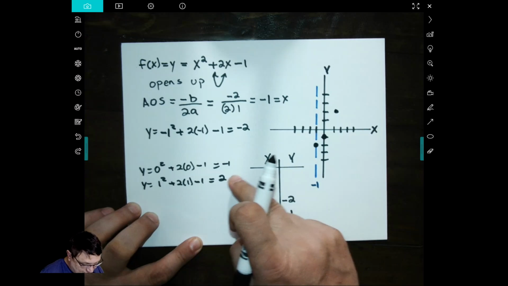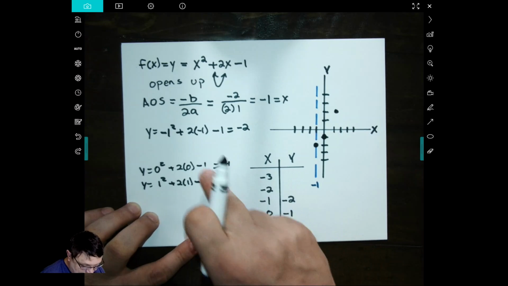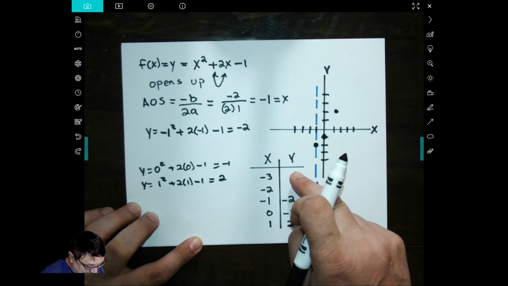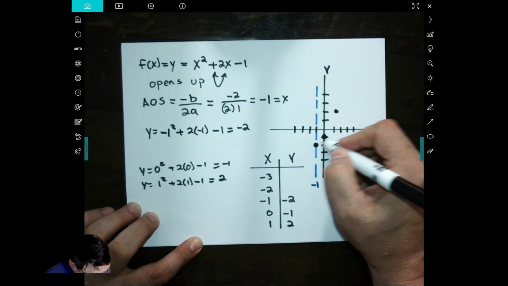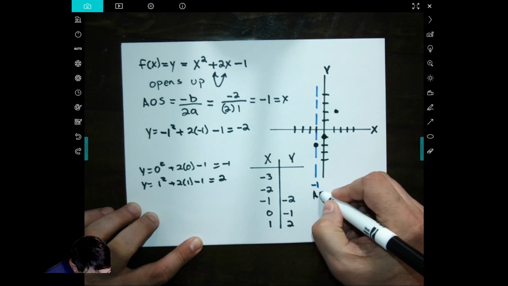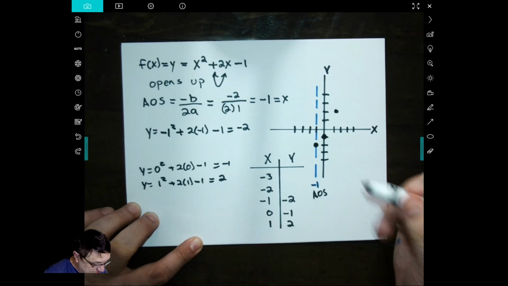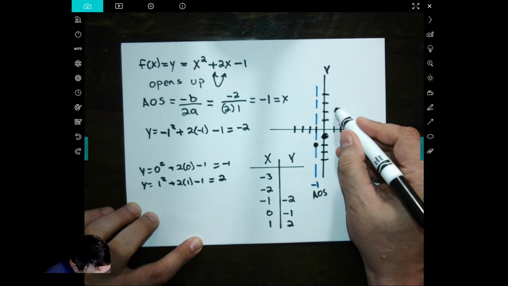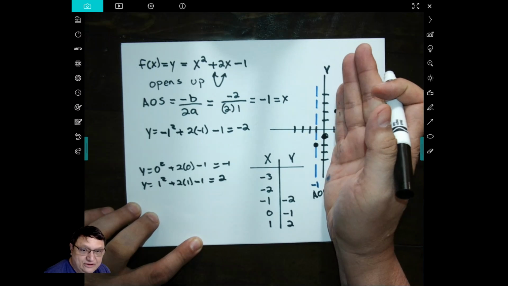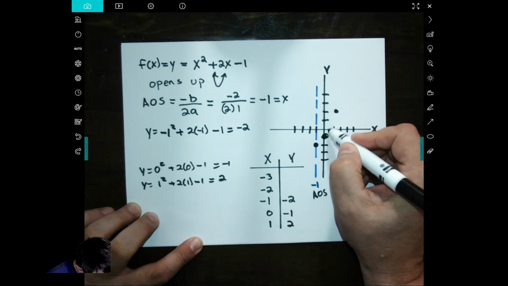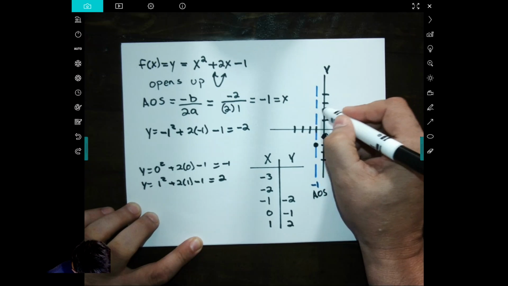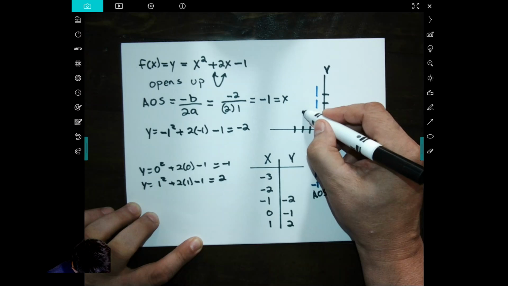I could actually put negative 2 into my equation and get my value out for y, but I know that these should be the same distance. Since this is my axis of symmetry, I know that the points on the right-hand side that I've already plotted are the same distance away on the left-hand side. So I can go 1, 2, and there's a point.